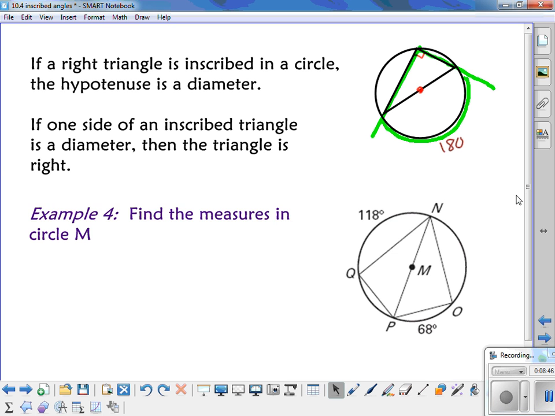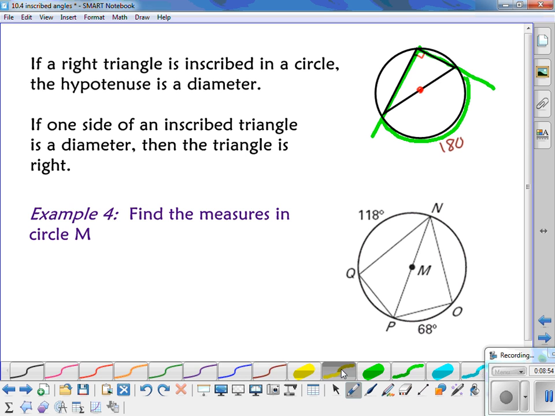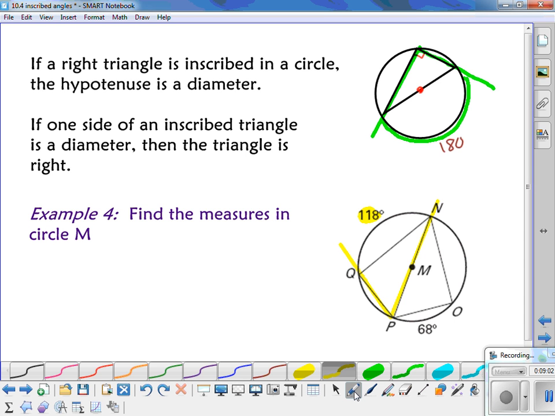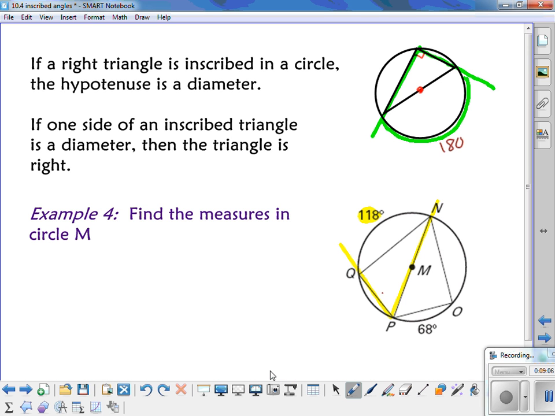So let's look at the next example. We're going to find the measures in circle M. So first I look at this angle QPN. It's intercepting an arc that's 118 degrees. And so that would have to be half of 118, or 59.